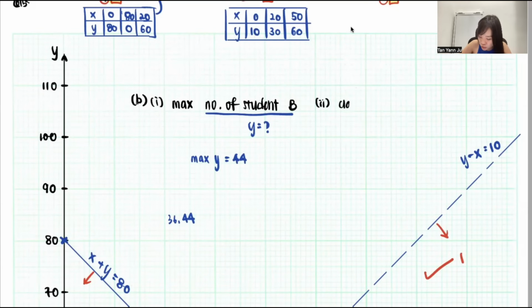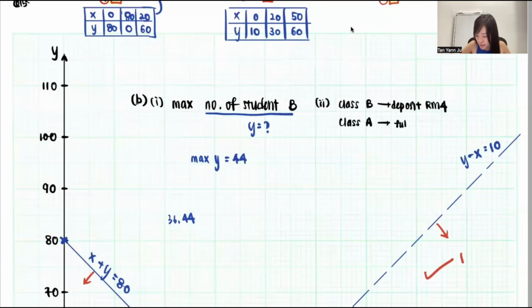So class B students pay a deposit of RM4. And then next they say the students from class A will make the full payment on that day. So class B students need to pay a deposit first, but class A makes the full payment on the seminar day.